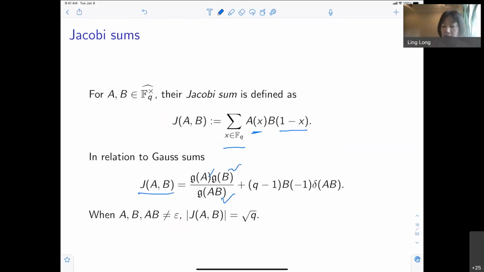But the situation is slightly more complicated if the product is a trivial character, so there is a delta term coming in. This formula also tells us that when a, b, and a times b are not trivial, none of them a trivial character, then the absolute value is again the square root of the size of the finite field.